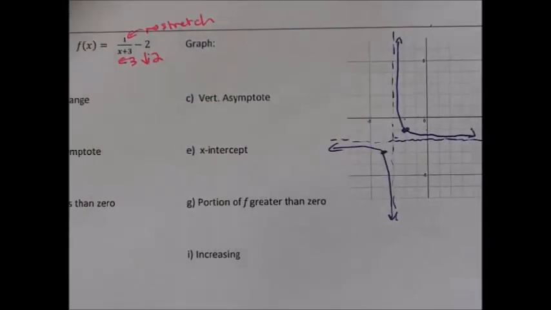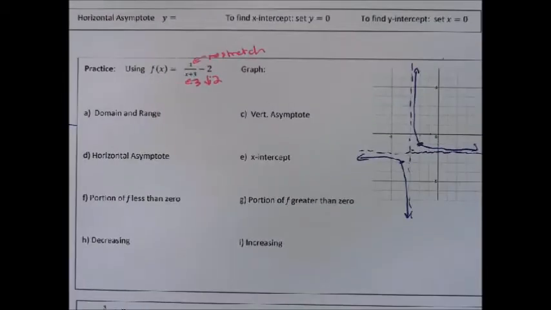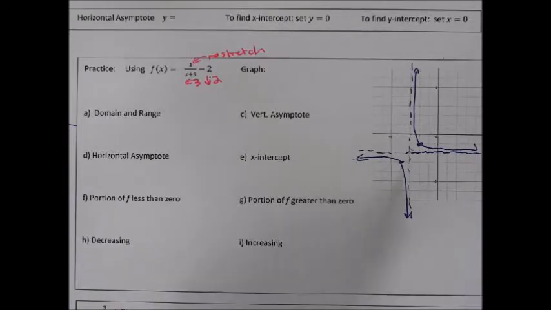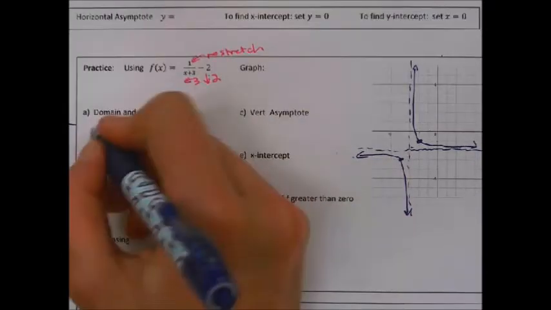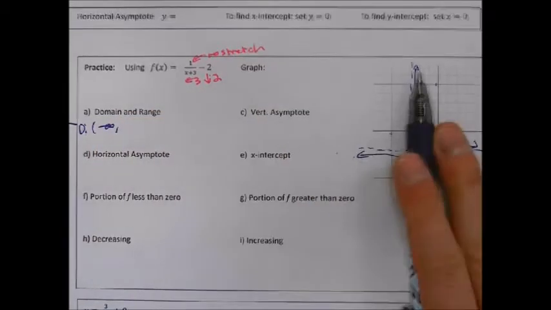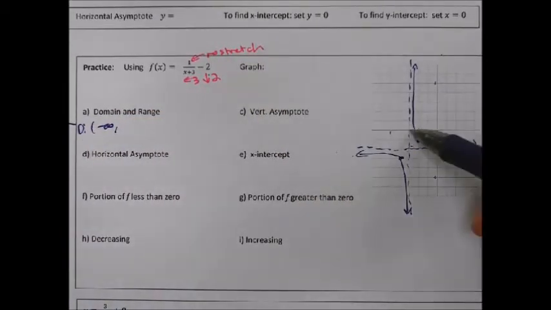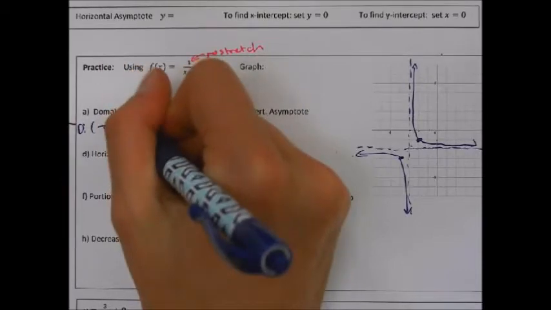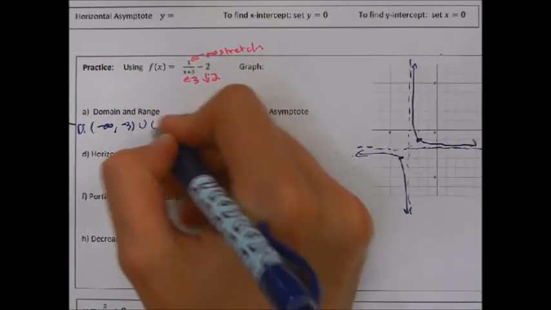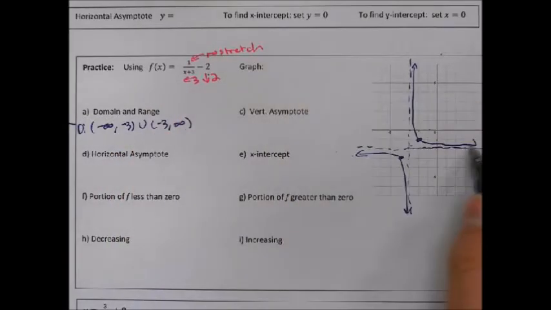I'm going to zoom out a little bit. Okay. So our domain and range, we go from negative infinity, looking at my x values, negative infinity, and then we stop at negative 3. This curve picks back up at negative 3 and goes to infinity.